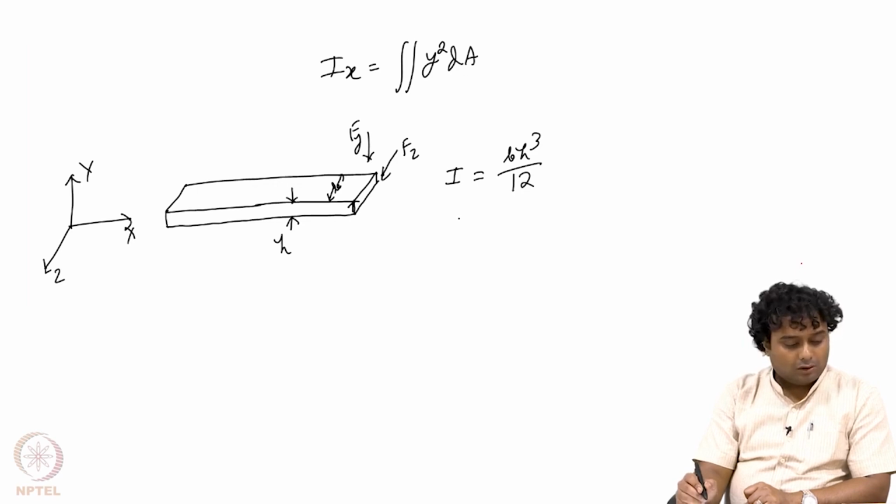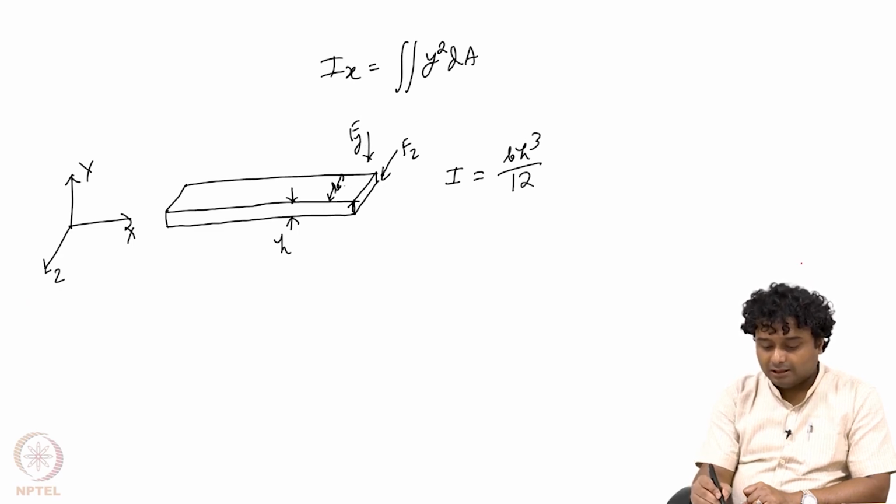Now, what I want to discuss here is that if the force is in the y direction, then this width is considered as width, okay, and this is the height. But if the force is in the z direction, along the z axis, then it is perpendicular to this height, meaning the force is working perpendicular to the height.